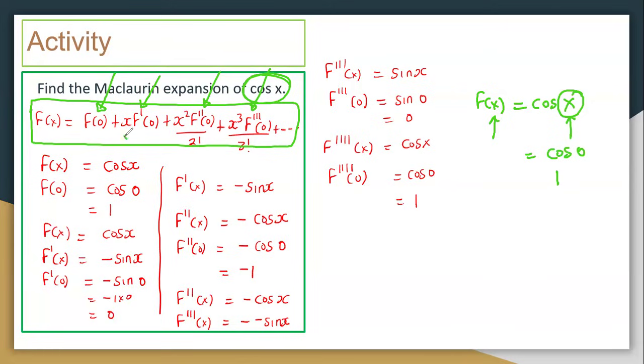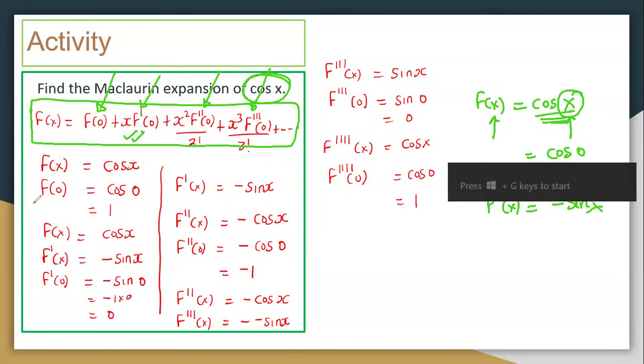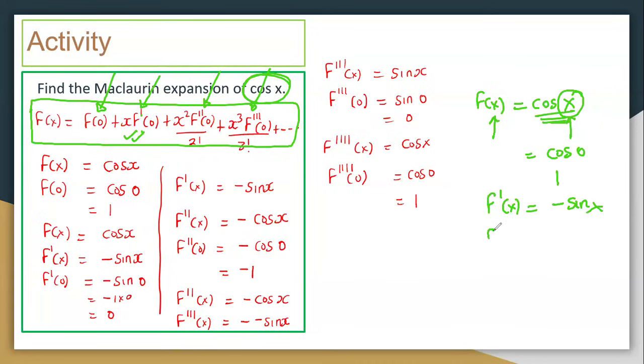Then to get the second term in this series, remember we have terms, first, second, third, fourth, like that. To get the second term, differentiate with respect to x. So you say f prime of x. When I differentiate cos, what do I get? I will get negative sine of x. Now, when you get negative sine of x, you ask yourself, what is that function at x equal to 0?